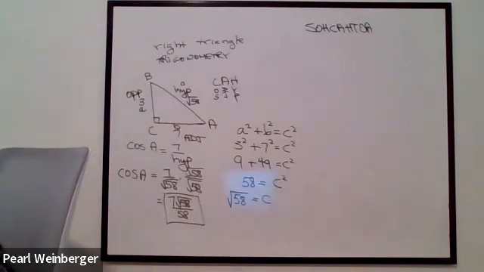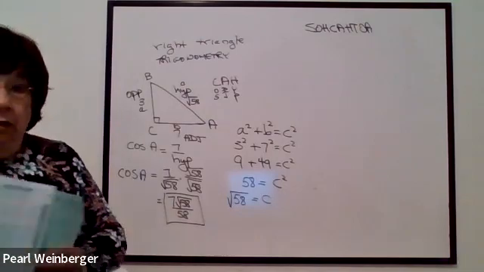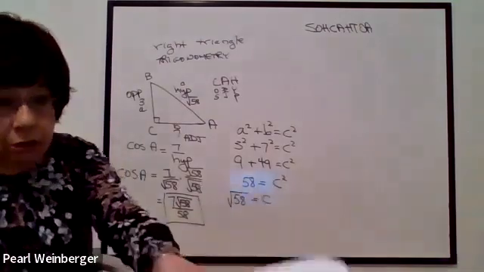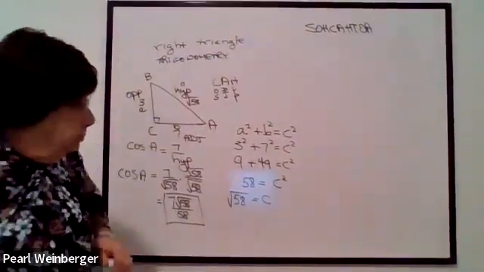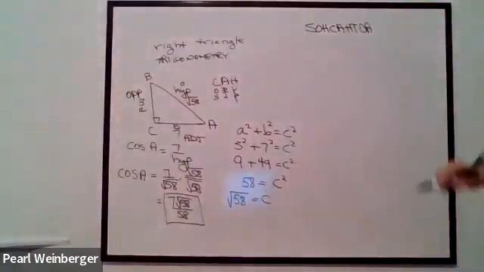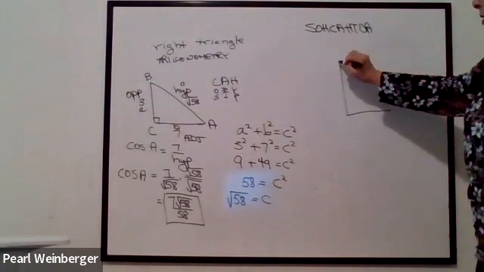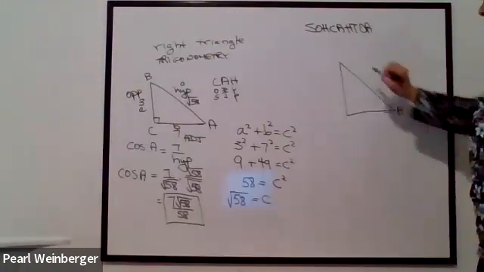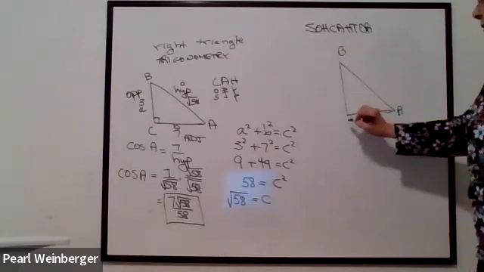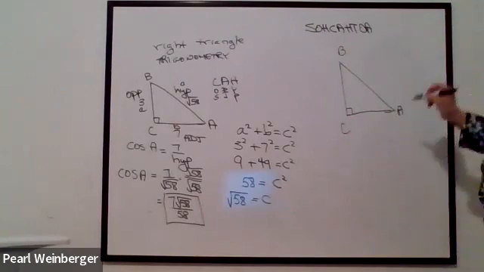Before I give you another problem, I want to show you 2 things that you have to be careful about. Number 1, let's say I gave you this triangle. Again, this is my A, this is my B, and this is my C. Doing another problem.